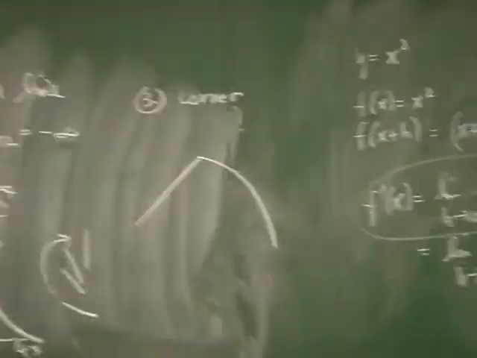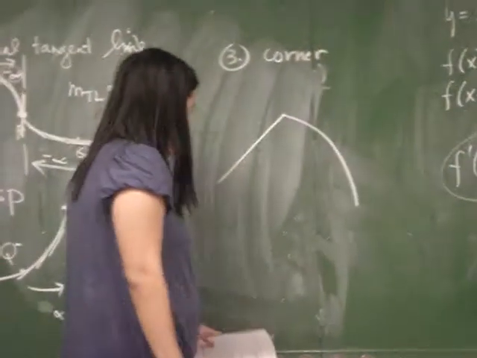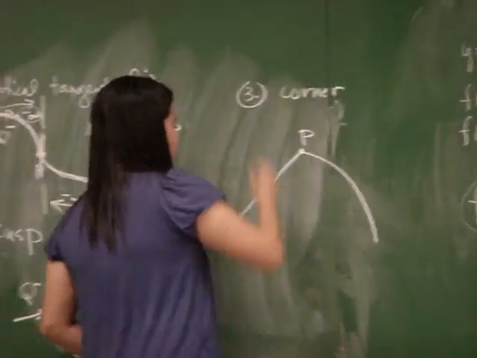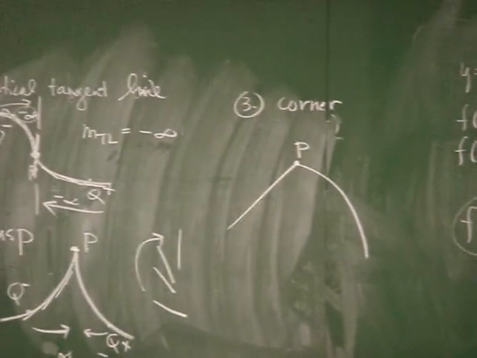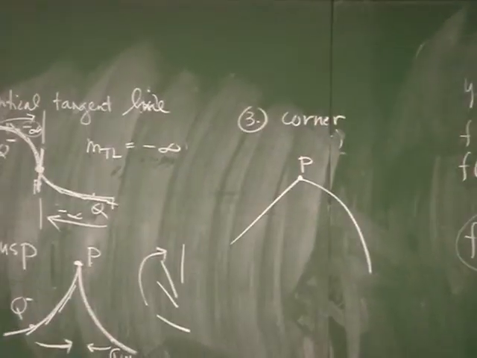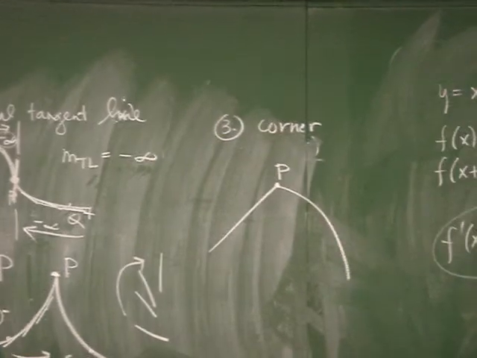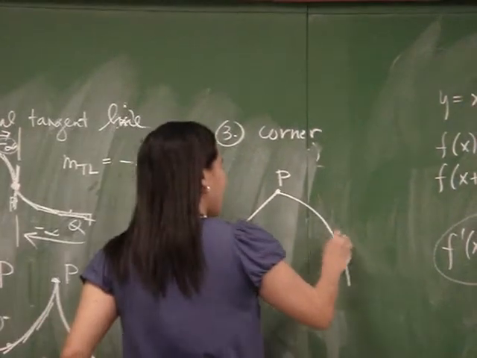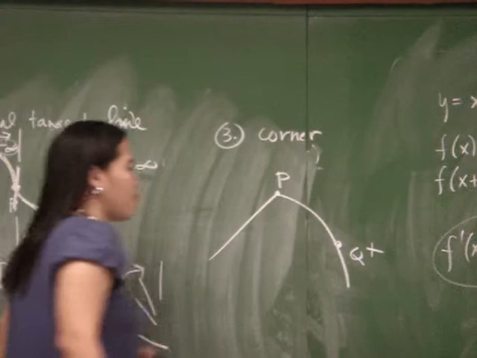What happens to the tangent lines, class? Say from Q to the right, you get a point on the right of P.